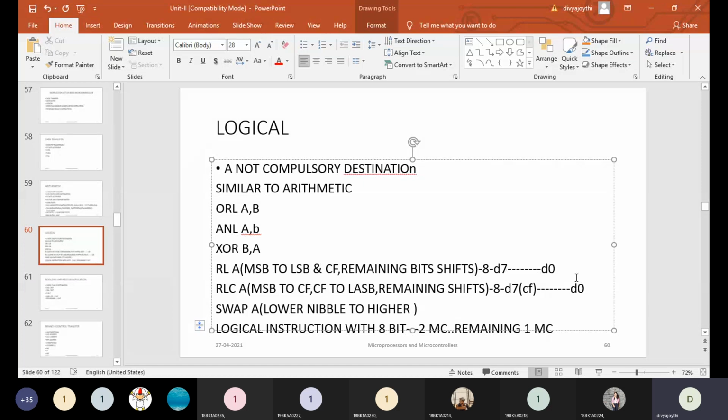Whether it is going to the carry flag or not, the controller is not bothered whenever you are performing rotate left. But whenever you are performing rotate left with carry, here you are clearly mentioning that it involves carry.